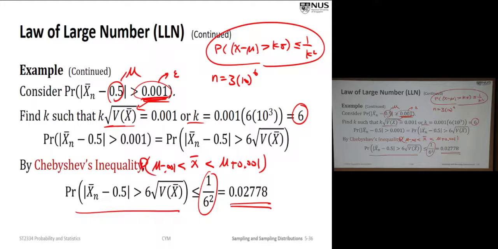The probability of x bar within this interval is at least 1 minus 0.02778. In other words, outside this range is only about 3%. So we're quite confident that our x bar should be very close to the true answer mu. There's about a 3% chance that it will be outside this interval.